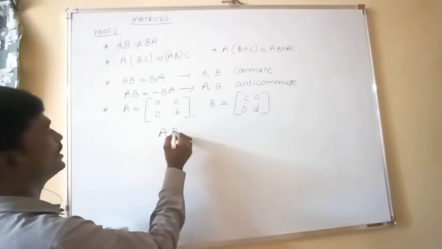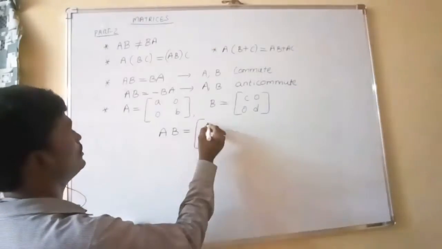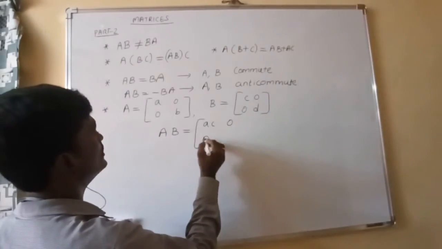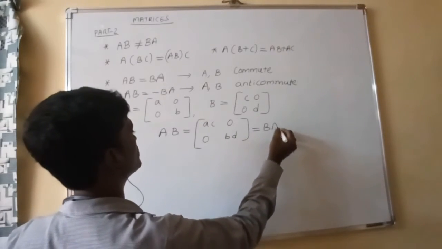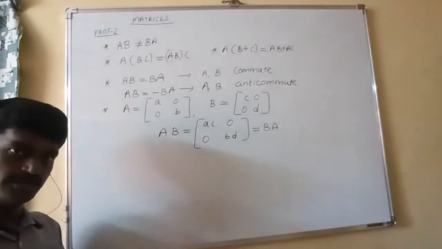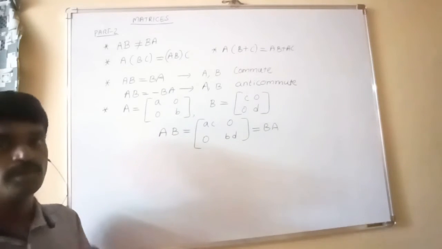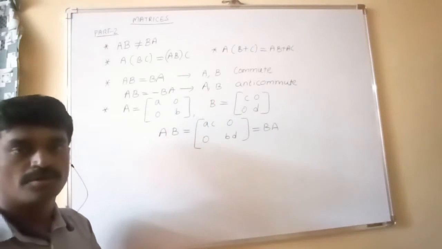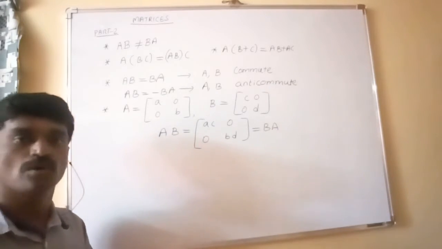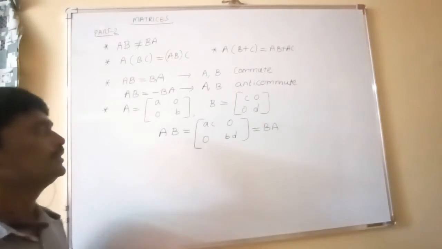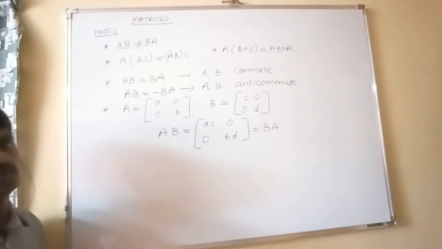Then obviously you will get AB matrix is equal to [ac, 0; 0, bd], which is the same as the BA matrix. If you find BA also, you will get the same. Remember, the product of two diagonal matrices of the same order satisfies the commutative property, that is AB is equal to BA.